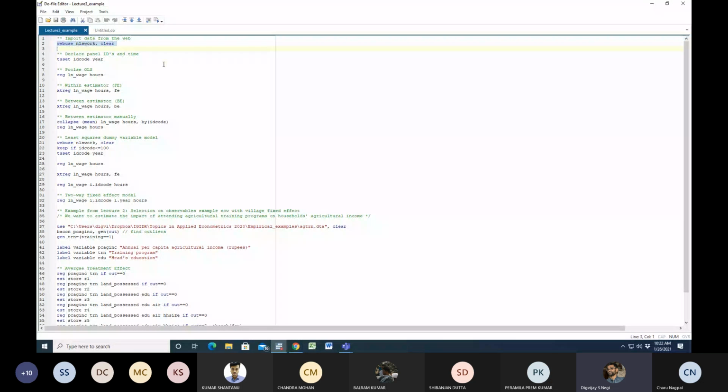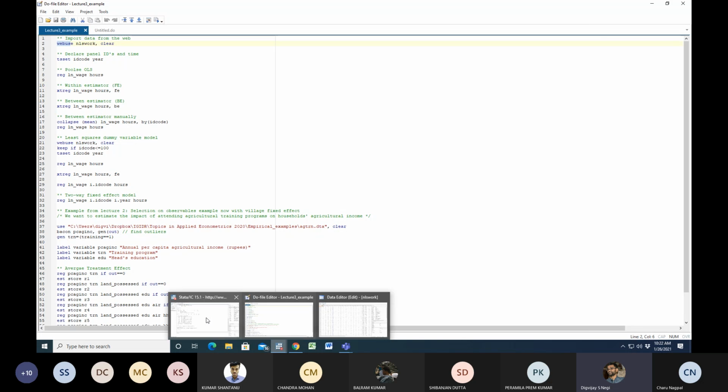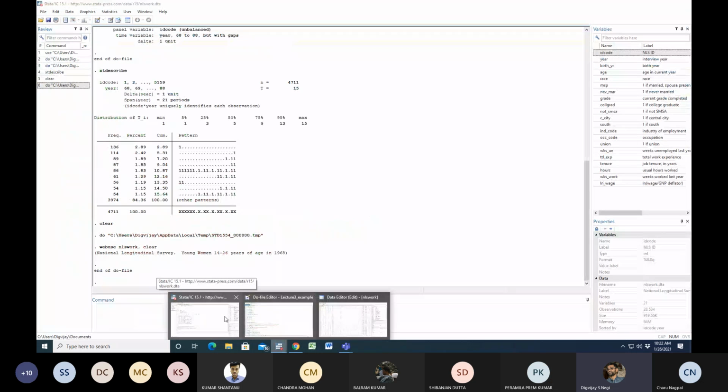I'm calling the data with webuse nlswork. This web use command calls this data set from the web, uploaded on the Stata directory, into Stata. And this is a panel data of individuals.